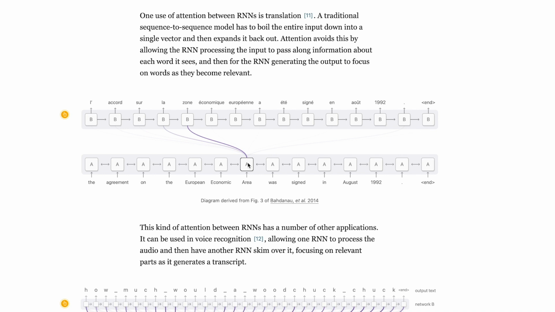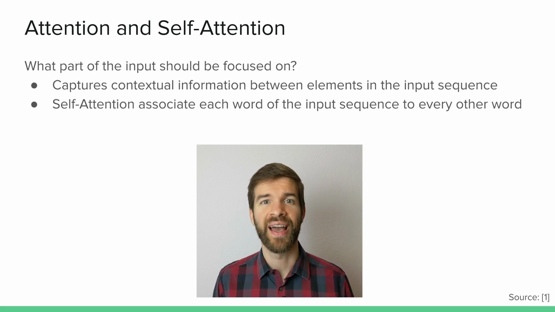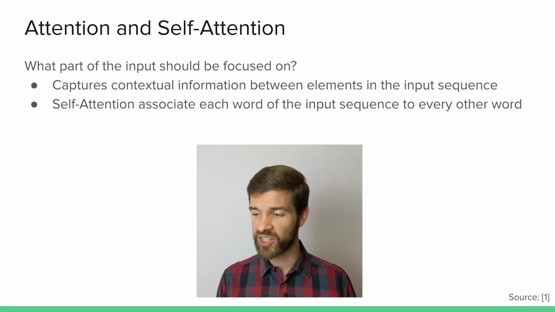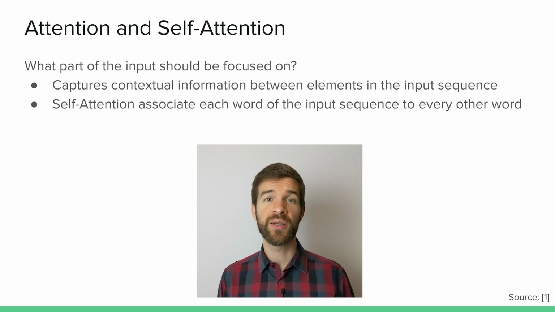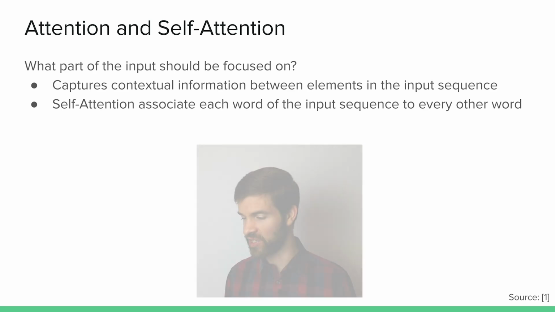And this is what attention is really all about. Tell me how things relate to each other. With self-attention, the word we're adding here is self, we're actually associating each word of our input sequence with itself. That's why it's called self-attention.